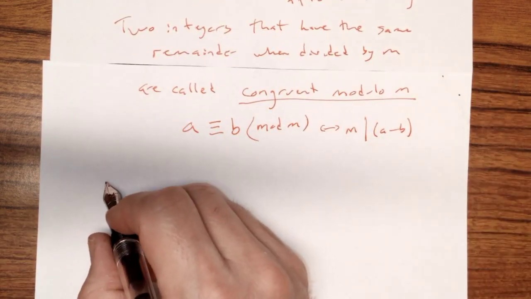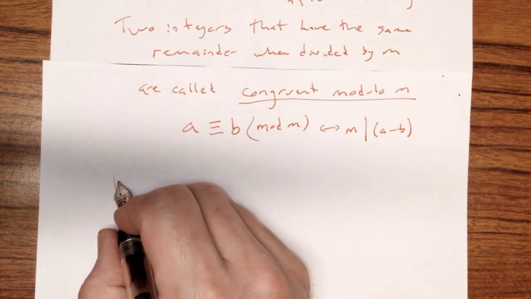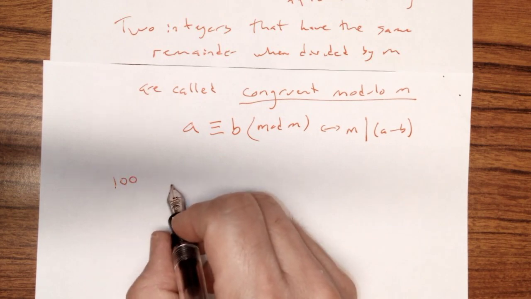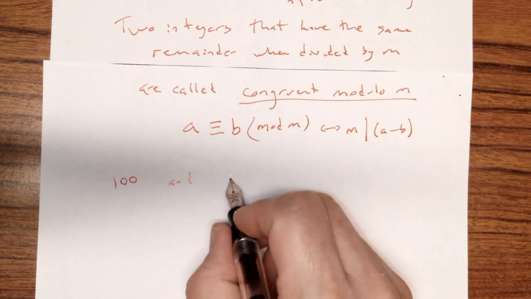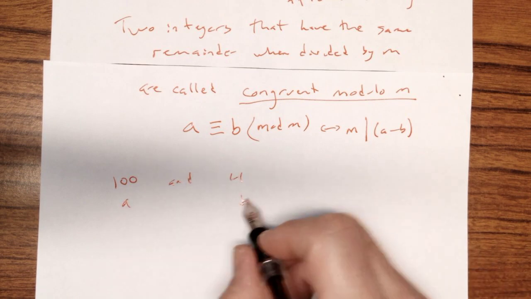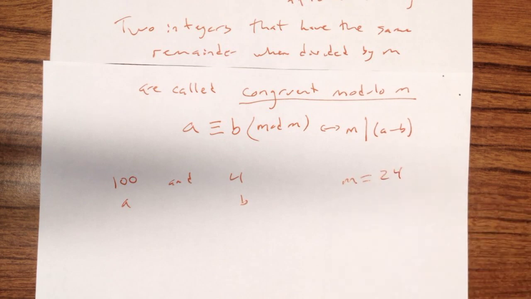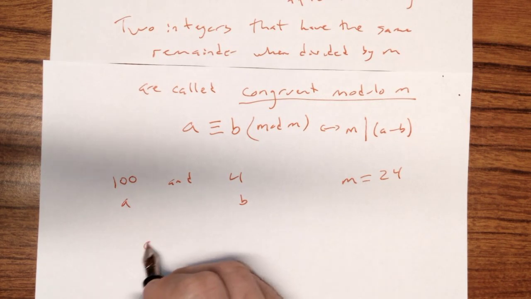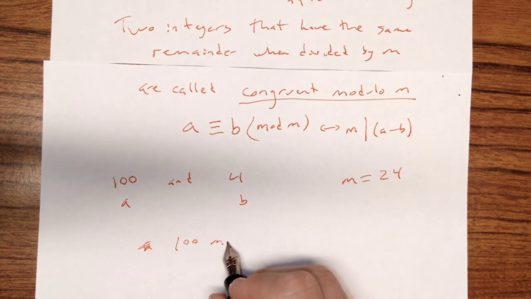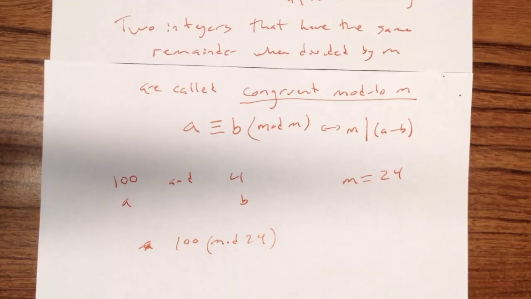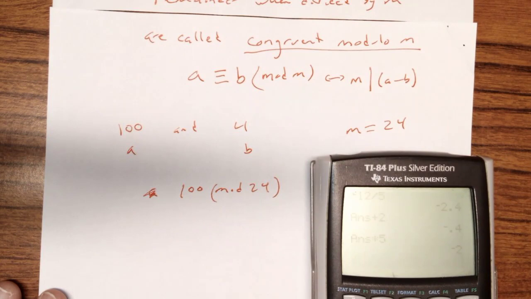Let's look at two numbers. 100, 104, and then we'll go mod 24. What's 100 mod 24? I only want the remainder. 100 divided by 24, remove that part, the integer, and then multiply by 24.